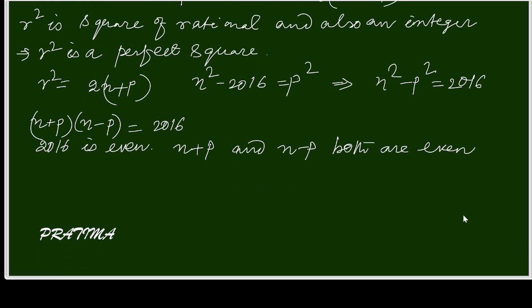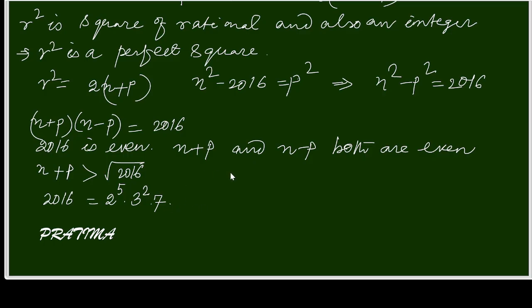And n plus p must be greater than the square root of 2016, approximately greater than 40. Let us factorize 2016. If we factorize, it gives 2 to the power 5 times 3 squared times 7.